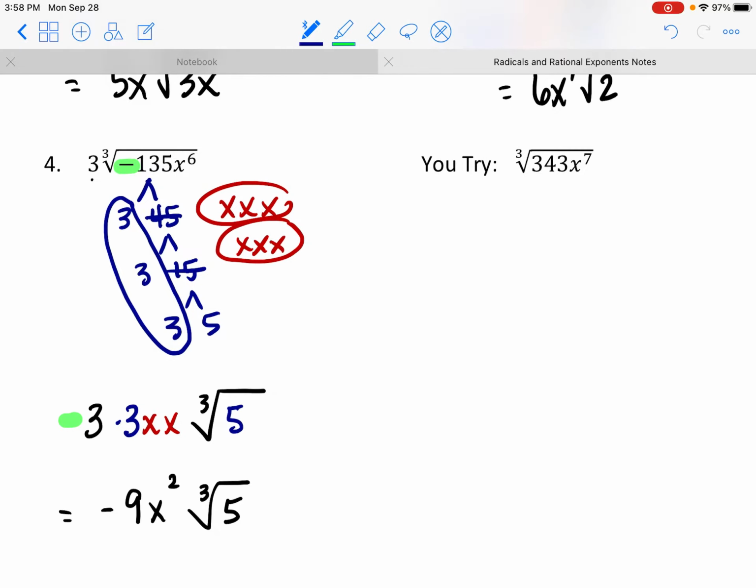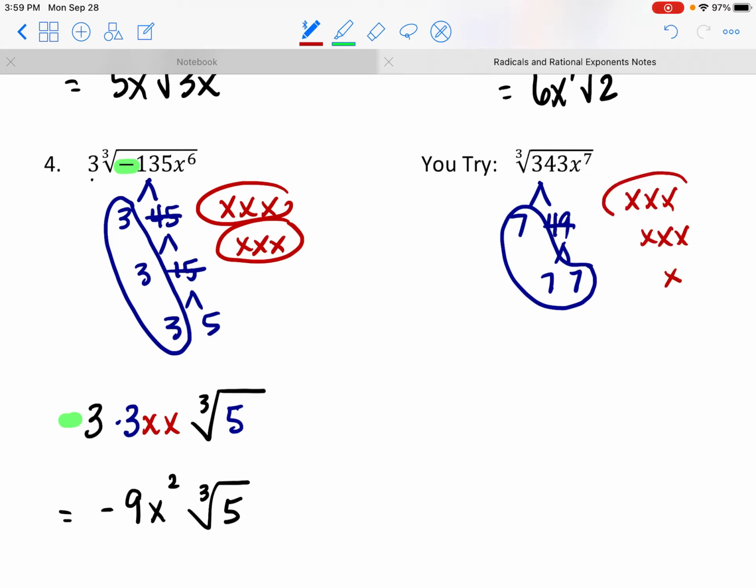Let's see, 343, I happen to know this one, is 7 times 49, and 49 is 7 times 7. The cube root of 343 is exactly 7, so we won't have any numbers left over. But we have 1, 2, 3, 4, 5, 6, 7 x's, so 2 of those will come out and 1 will stay.